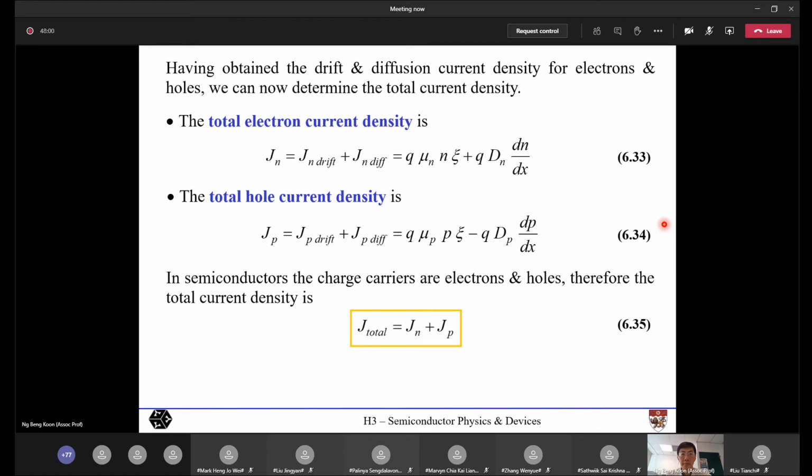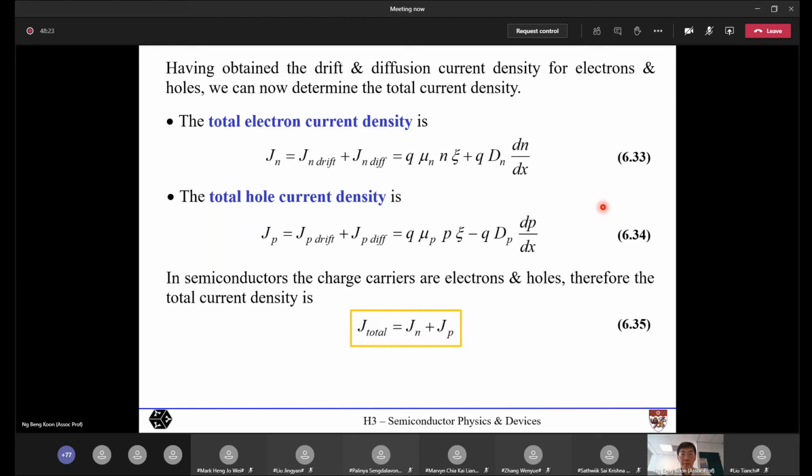Then you just have diffusion if you have a concentration gradient, and vice versa. The same goes for holes. And in reality, the total current flowing in a semiconductor will be made out of the sum of all these four components, because there are two carriers, and each carrier has two different transport mechanisms. So in total, you have four current components to consider.